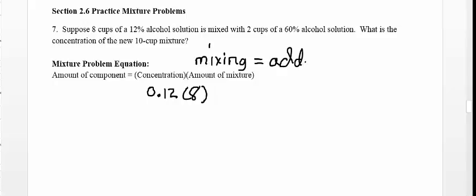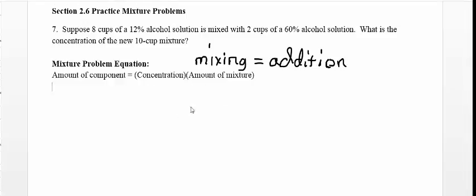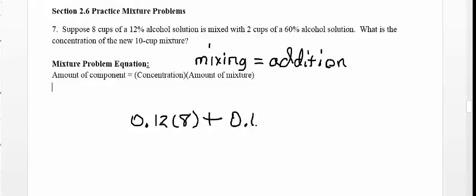Mixing, I need to understand, is the same as adding or addition. So when I mix things together, when I translate that to an equation, I'm adding these things together. So 0.12 times 8 is added to 0.6 times 2.